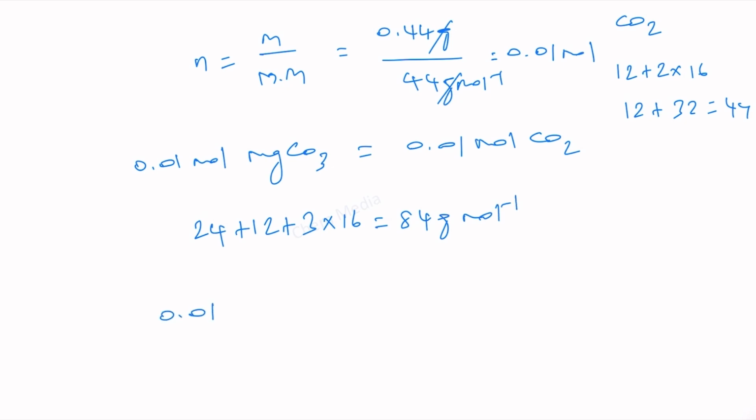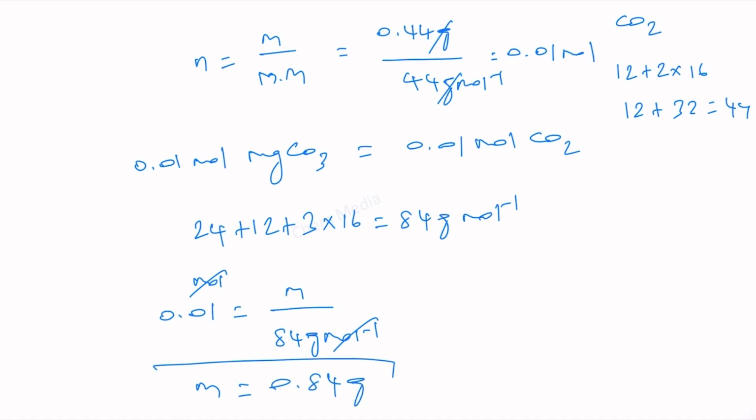So, 0.01 equals mass divided by 84 gram per mole, the mole will cancel out, and therefore, the mass is 0.84 gram. So, if we have 0.84 gram of pure sample, that would give 0.44 gram of CO2.